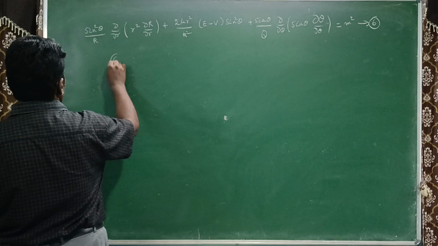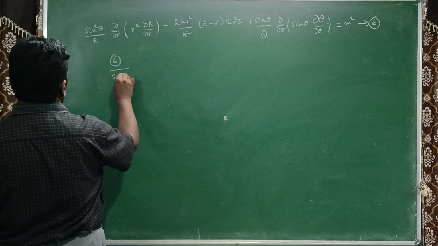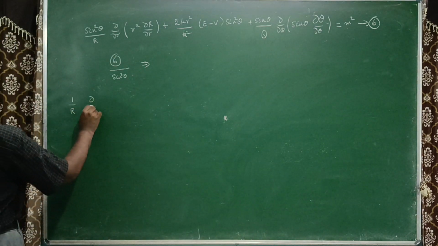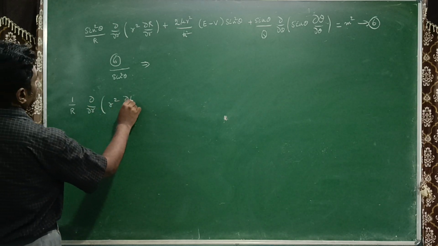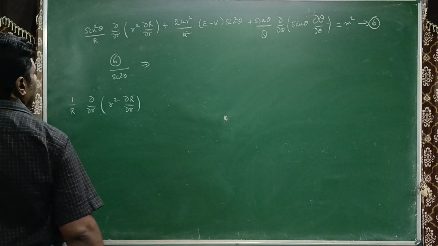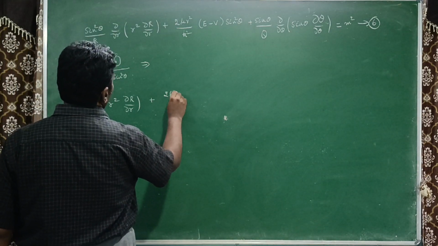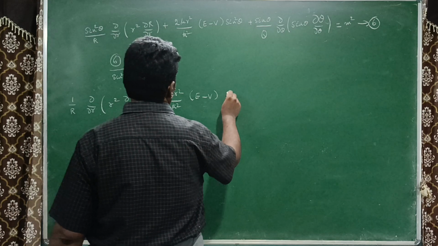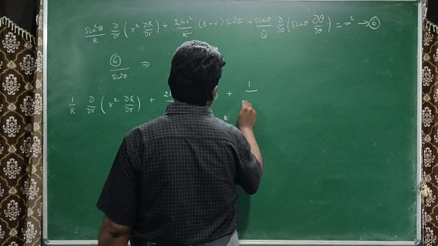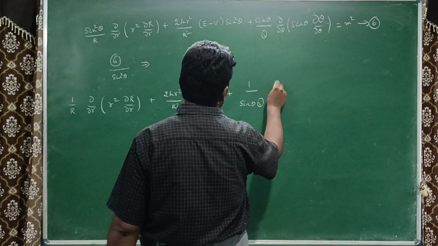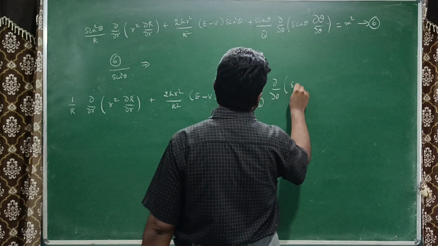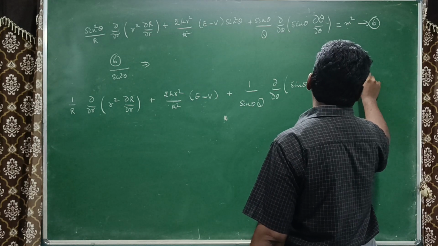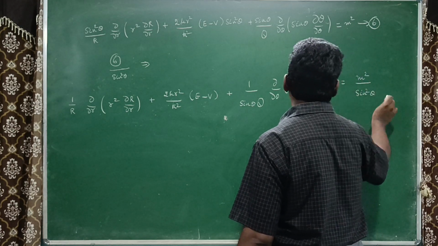See, equation 6 divided by sin square theta gives 1 by r d by dr of r square dr by dr, plus 2 mu r square divided by h cross square into E minus V, plus 1 by sin theta into capital theta d by d theta of sin theta d capital theta by d small theta, which is equal to m square divided by sin square theta.